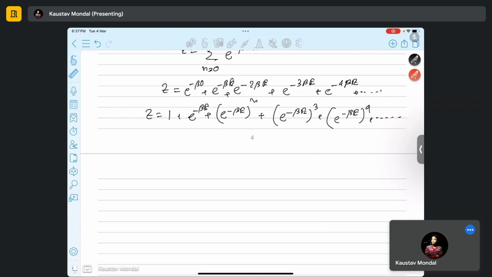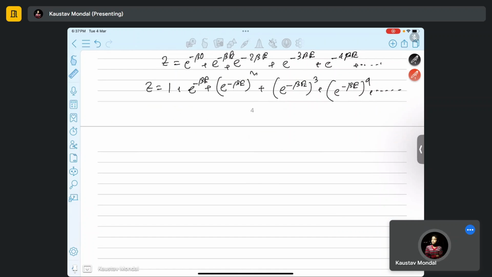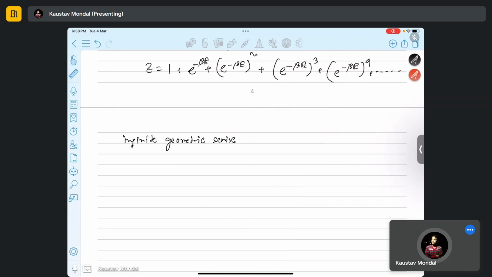For an infinite geometric series, we know the formula: the total summation will be 1 by 1 minus r.